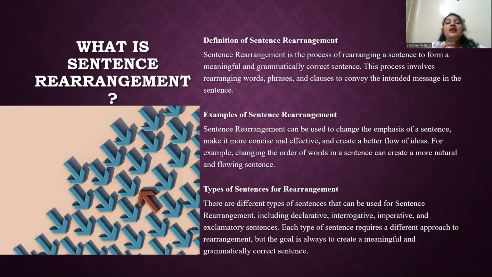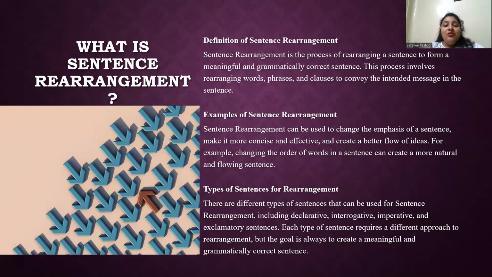It involves rearranging the components of a sentence, such as switching the order of independent and dependent clauses, changing the position of modifiers or phrases, reordering the subject and object, converting active to passive voice or vice versa, and rearranging sentences to change the emphasis or tone.